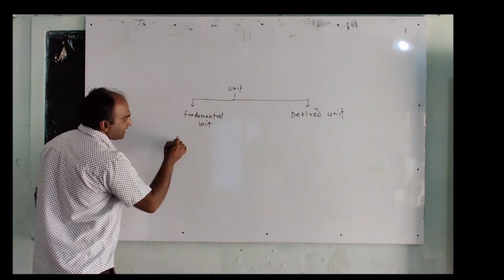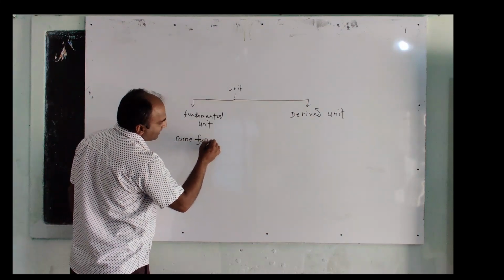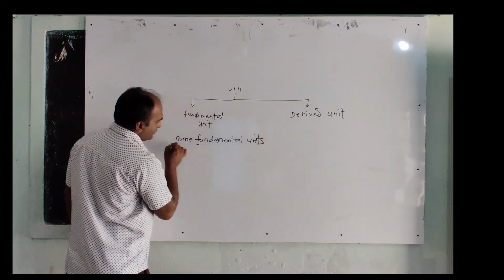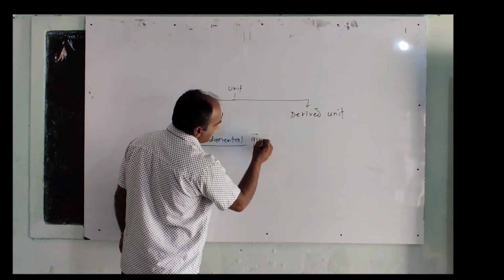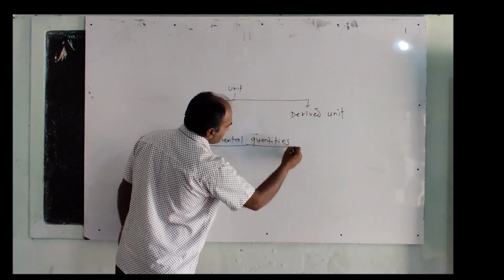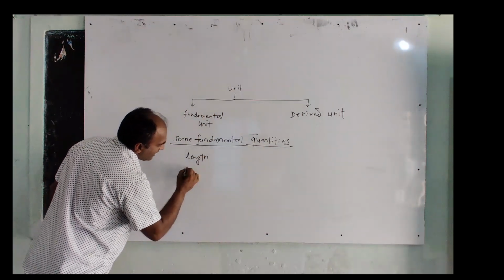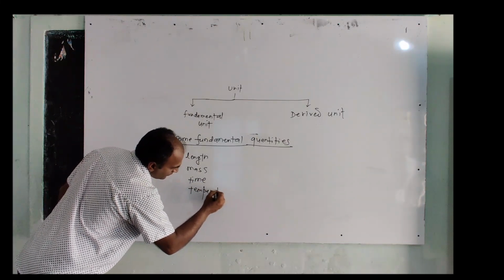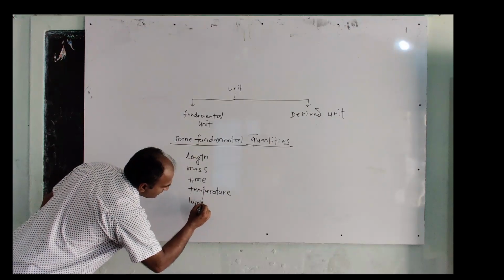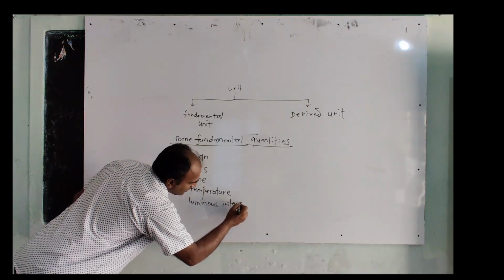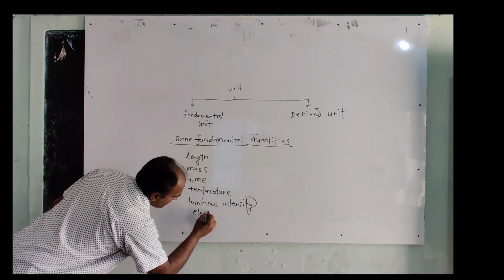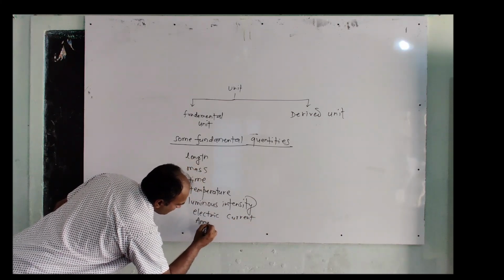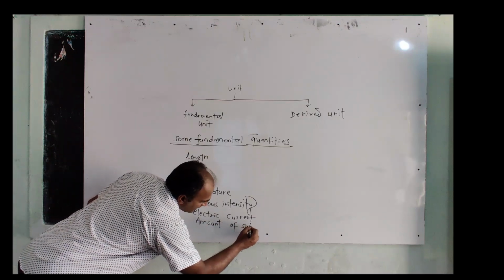Some fundamental units. Fundamental quantities are length, mass, time, temperature, luminous intensity, electric current, and amount of substance.